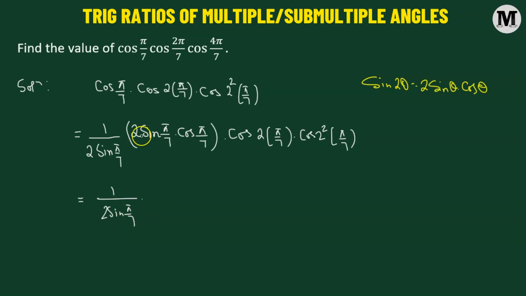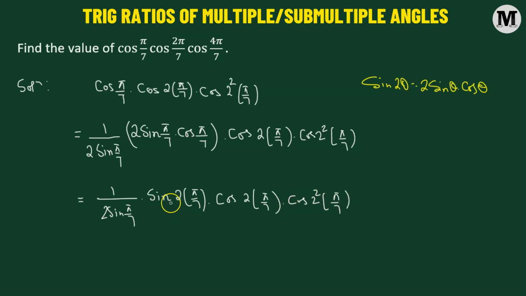And this will be multiplied to 2 times sine pi over 7 times cosine pi over 7. That becomes simply sine of 2 times pi over 7 multiplied to cosine of 2 times pi over 7 times cosine of 2 squared times pi over 7.